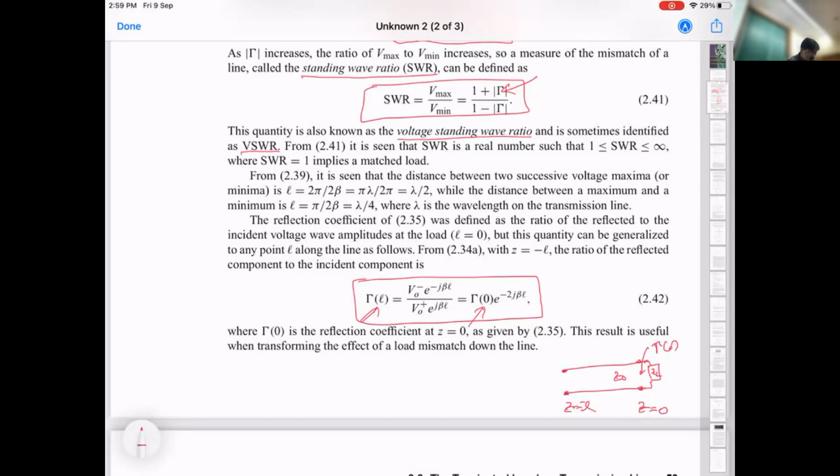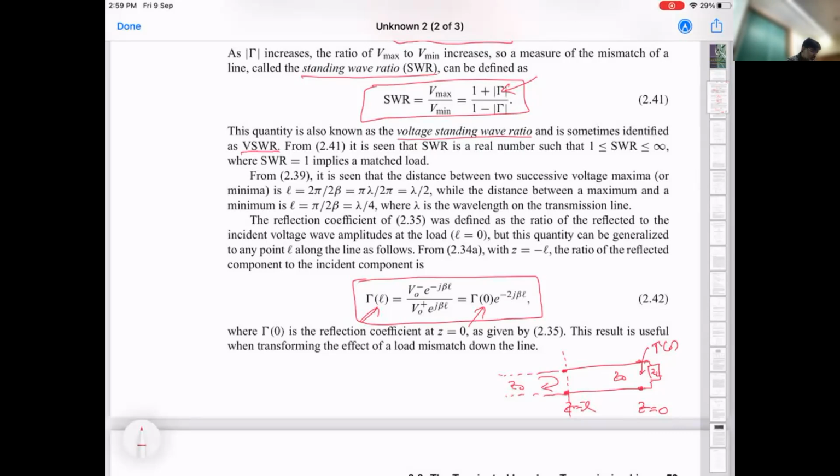When I move here, I have now an expression for gamma of L, and remember that this thing is continuing here as well. This is also still Z0. So I have drawn sort of an imaginary line here, and I'm saying I'm going to look at what is reflecting at this imaginary plane. That's what this gamma L means. Okay, slightly subtle concept, which will get clearer when we look at it in an alternate way. But that's what this quantity is calculating here.